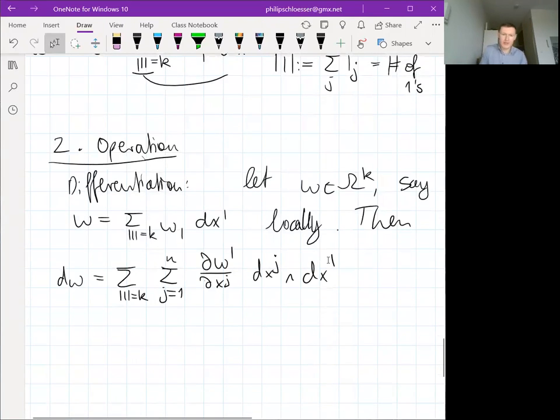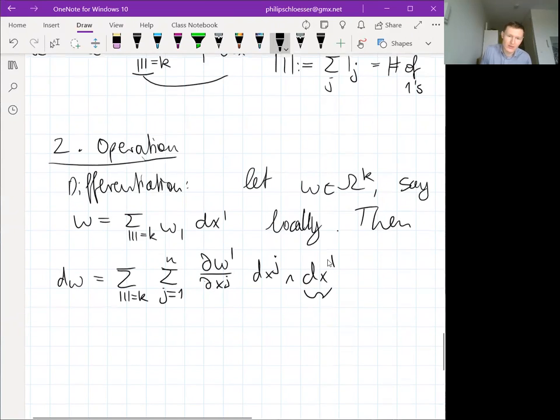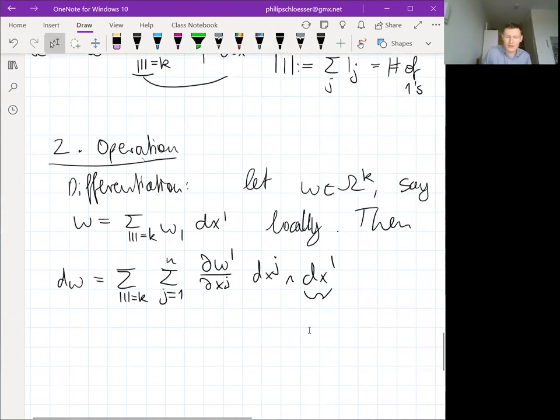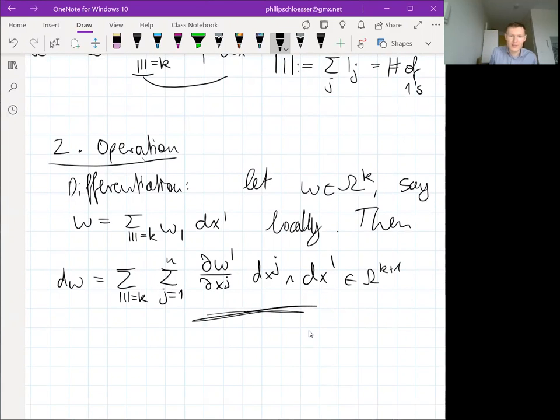So this thing is a k-form, this thing is a 1-form, and that is like a scalar function. So this thing is a k plus 1 form. This is the expression you want to use, because the formal definition is not very pretty, but I'm still writing it down for completeness.